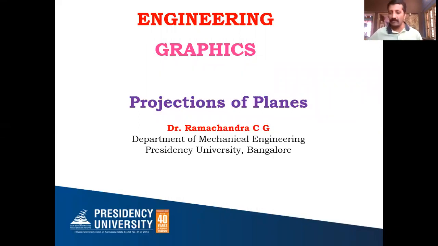A plane can also be called a plane surface, a plane lamina, simply a lamina, or a plate. These are some of the common names used for the same two-dimensional object. All these terms give you the same meaning.